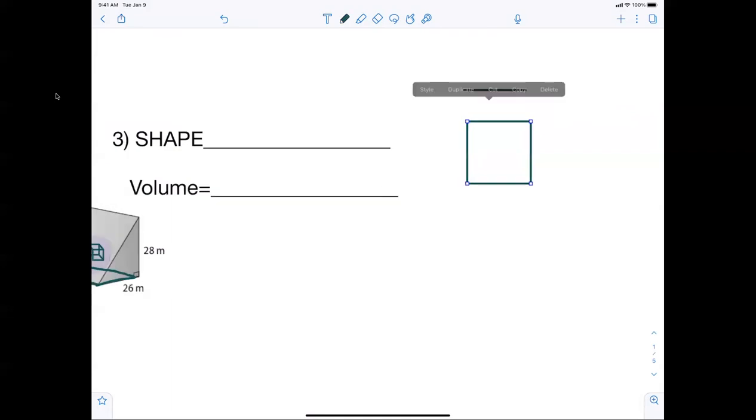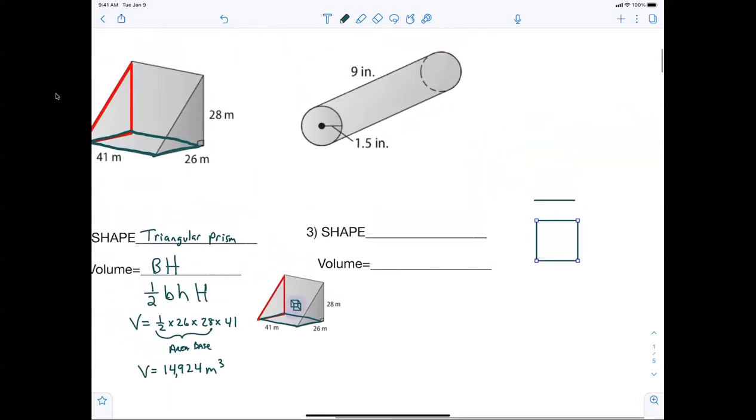All right. So now somebody tell me what number 2, or number 3, is called. What's that called, guys? Cylinder. Does the formula change? Nope, it's just what? Base times height. But in this case, you have to remember, what is the base called?